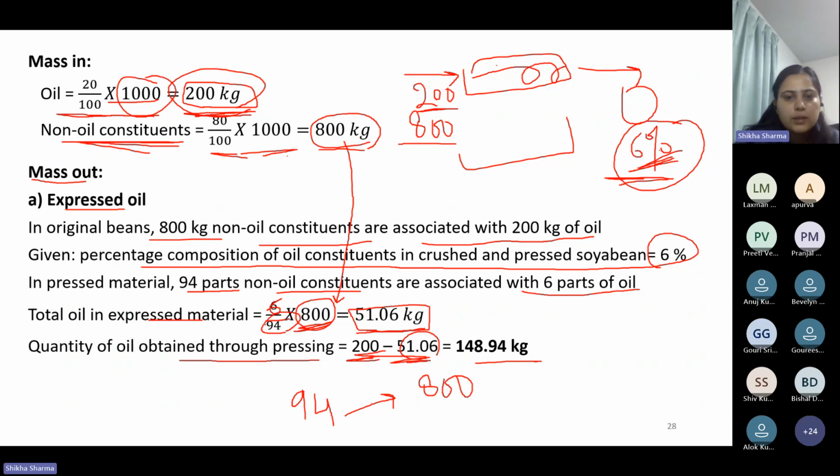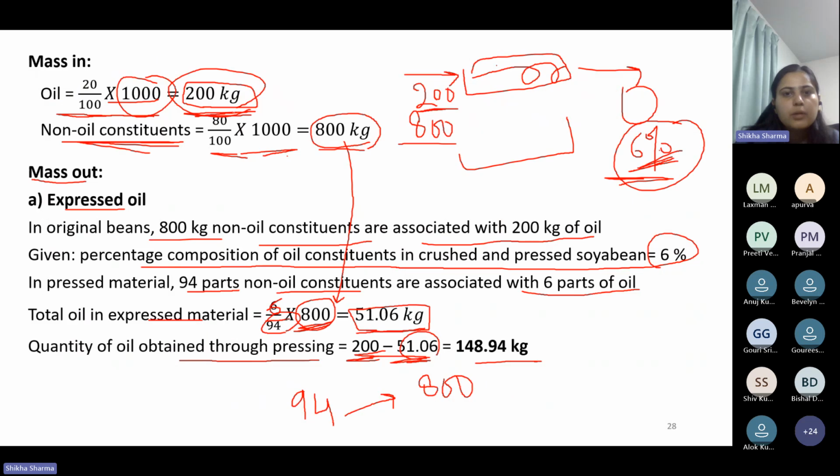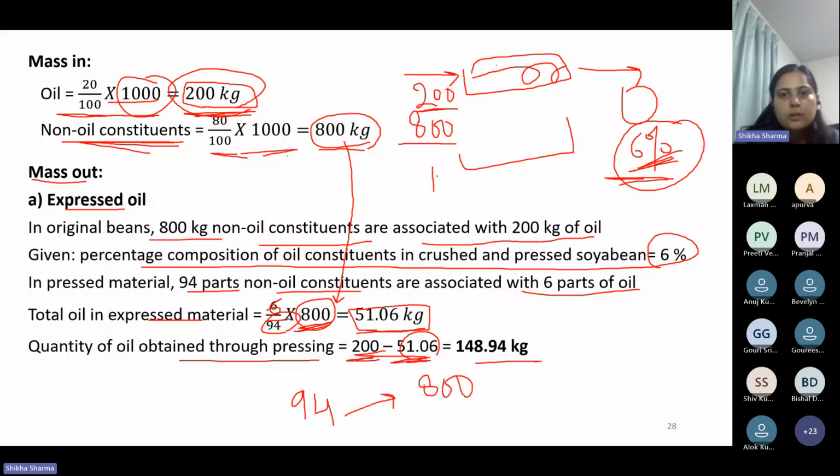We know from the question that the seed is crushed and pressed, reducing the oil content to 6%. That means in 100 we have 6% of the oil, so 100 minus 6, which is 94.